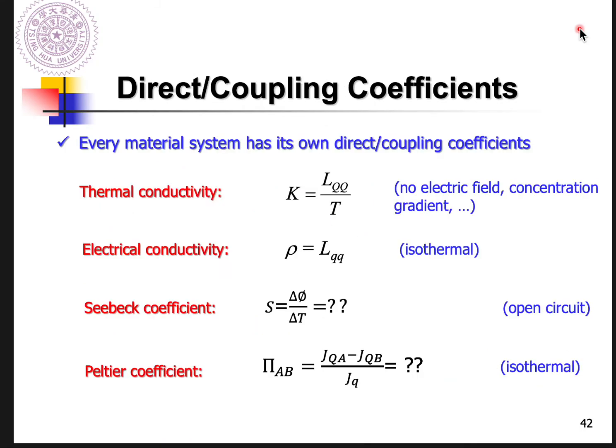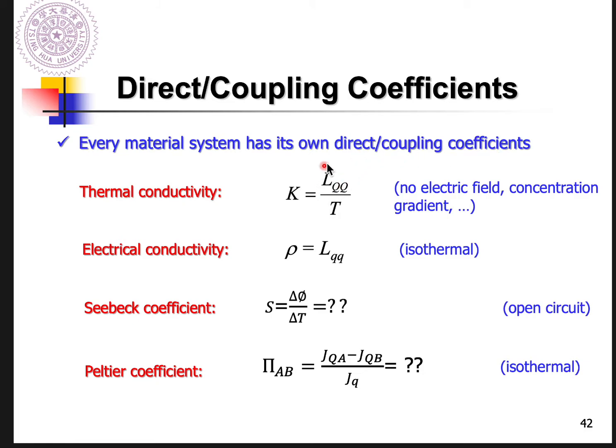So no matter whether it's a direct or coupling coefficient, this coefficient is directly related to some kind of intrinsic material property. Every material has its own direct and coupling coefficients. And what are they?